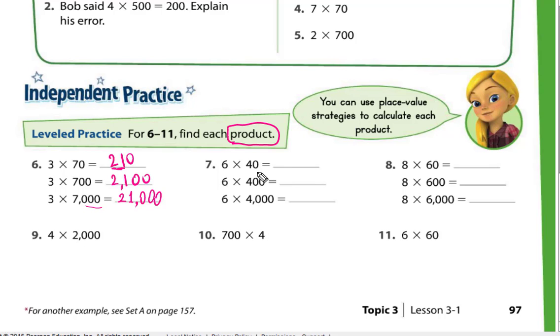The first thing, the zero. The 0 button. And 6 times 4, do you know? I said it.